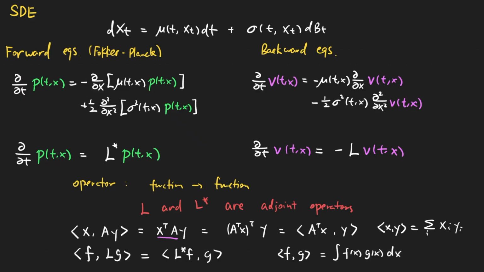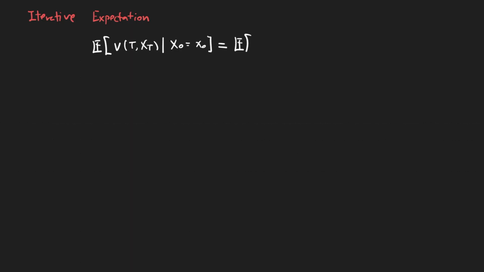Okay, let's get started. For the starting point of these two equations, we always start with the transition rule. So let's use the transition rule of the iterative expectation that we used to derive the backward equation. This is the equation we used to derive the backward equation last time.